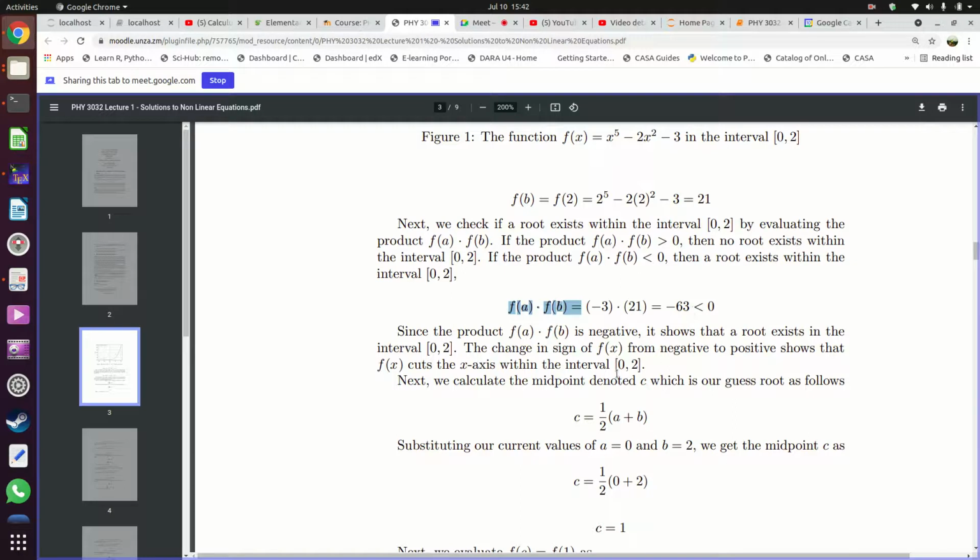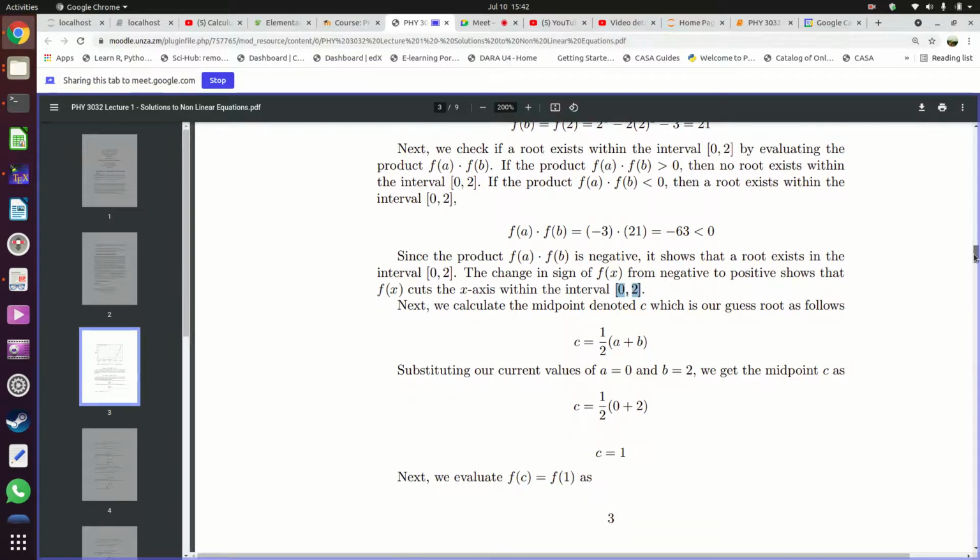So now that you have confirmed that a root exists, the next thing we're going to do is work out a new root. We're going to guess what the root is supposed to be.